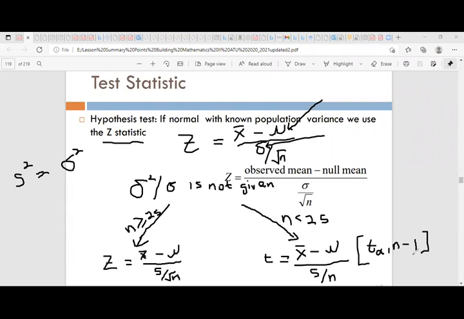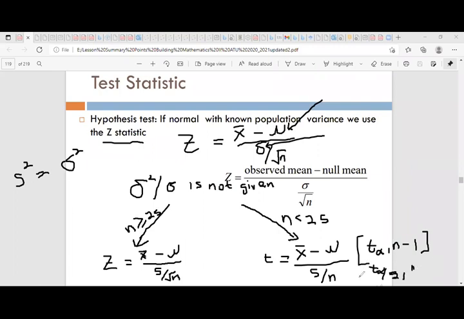Well, let me state all two conditions. So if it's one tail, we'll be looking at T of alpha, N minus 1, and if it is two tail, we are looking at T of alpha over 2, N minus 1 degrees of freedom.